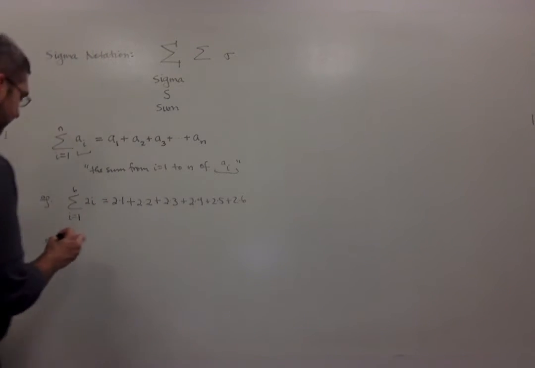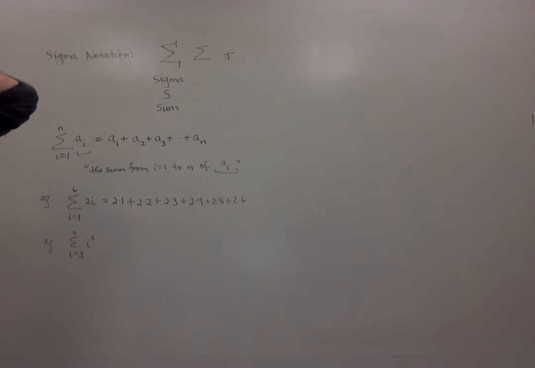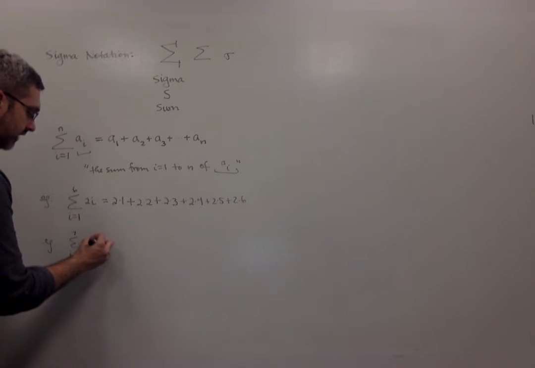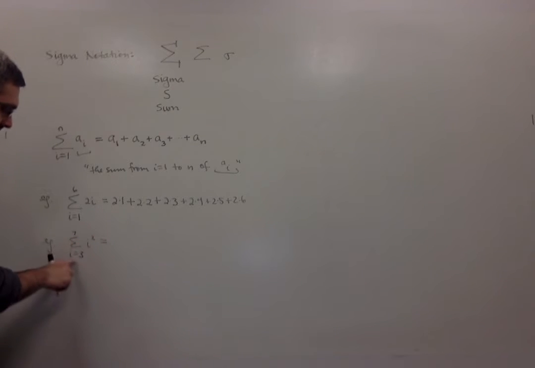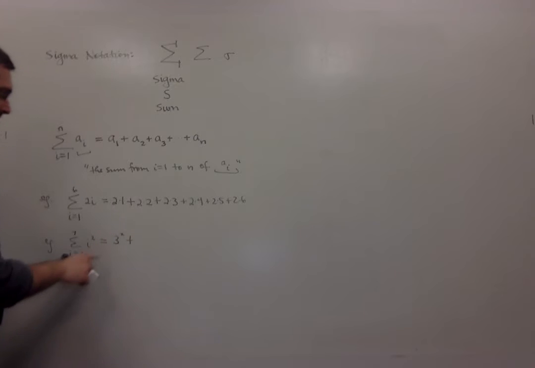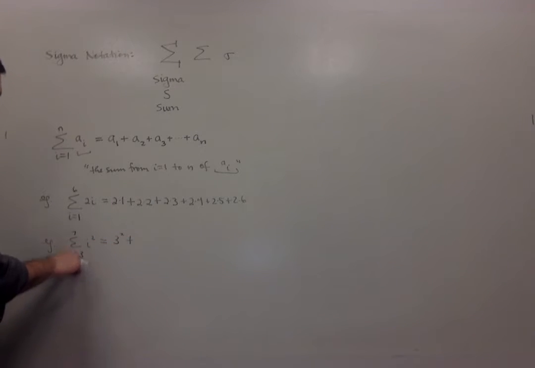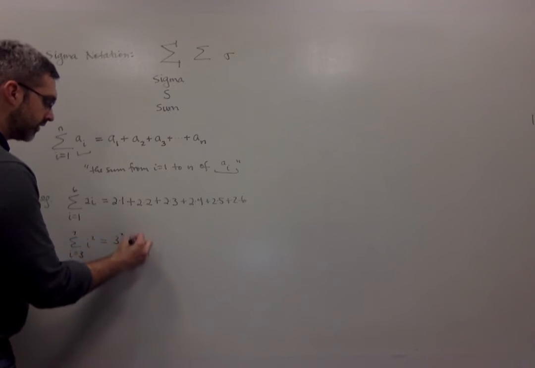Let's try the sum i equals 3 to 7 of i squared. All right. So again, what I do is, it's a sum, and I take the starting number as 3, and I plug it in wherever I see an i. So I'm going to start with 3 squared, which is going to be 9. Now it's a sum, so I write plus. Then I go from 3 to 4, so I'm going to write 4 squared.